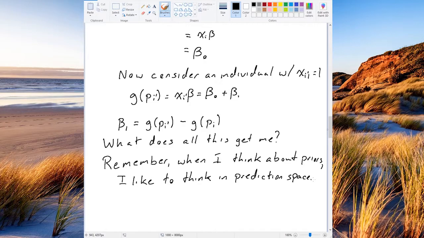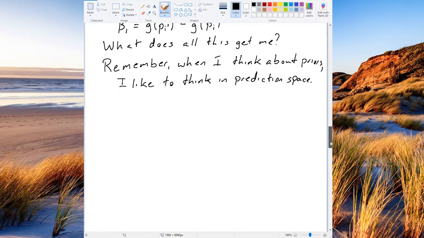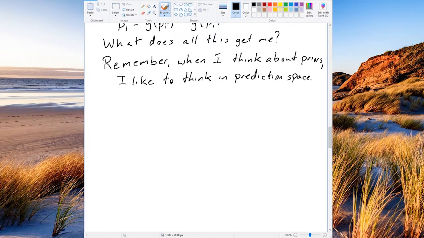So, like I said, when I want to think about priors, I like to think in prediction space. What I'm going to talk about here is going to work very well for eliciting subject matter expert priors, but it's also going to work well for just thinking about, do I have a reasonable prior for these data?